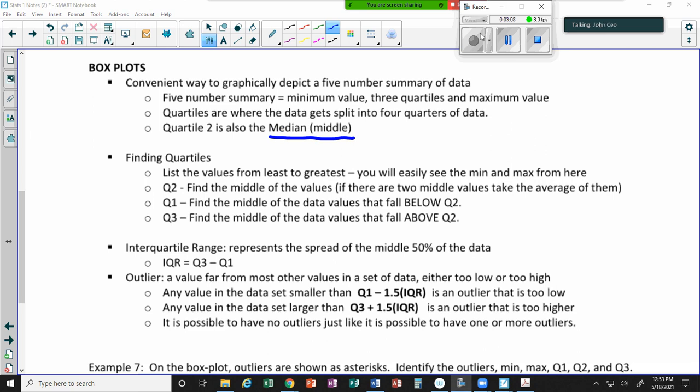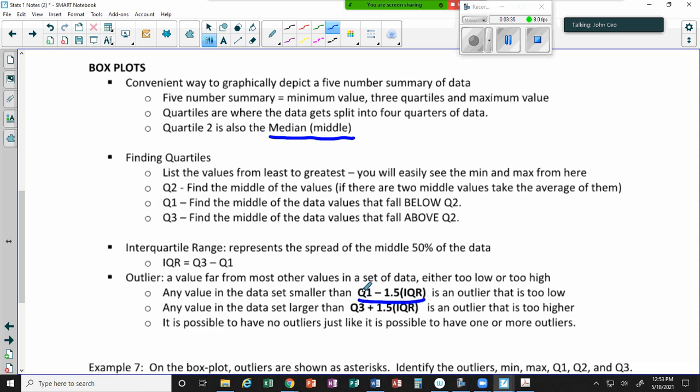All right, an outlier. So an outlier is a piece of data that falls way out of the range, way out of the grouping of data. Okay? So you can either have an outlier that's too low or too high. So to find your outliers, what you need to do is find the lower bound. Okay, to find out what the lower limit for the outliers is going to be, you use this formula right here.